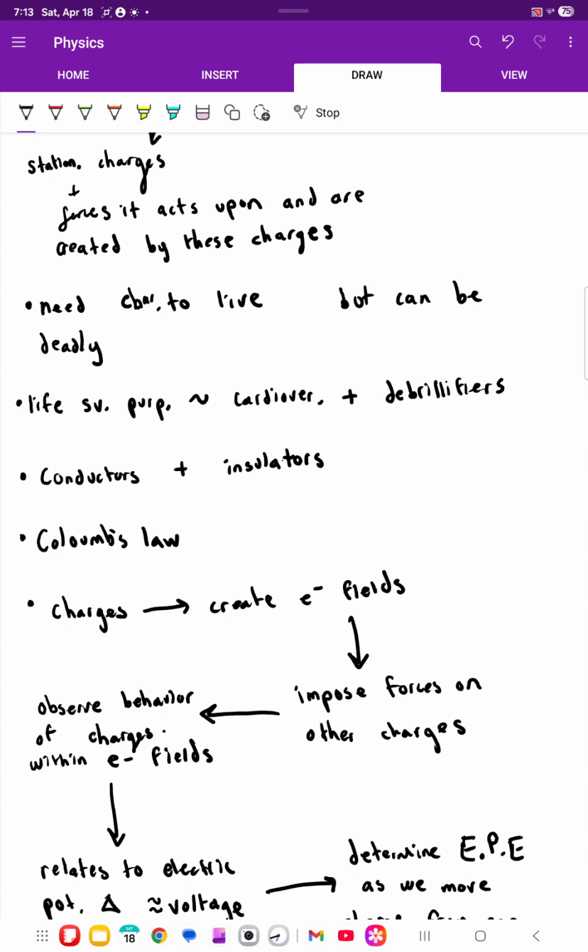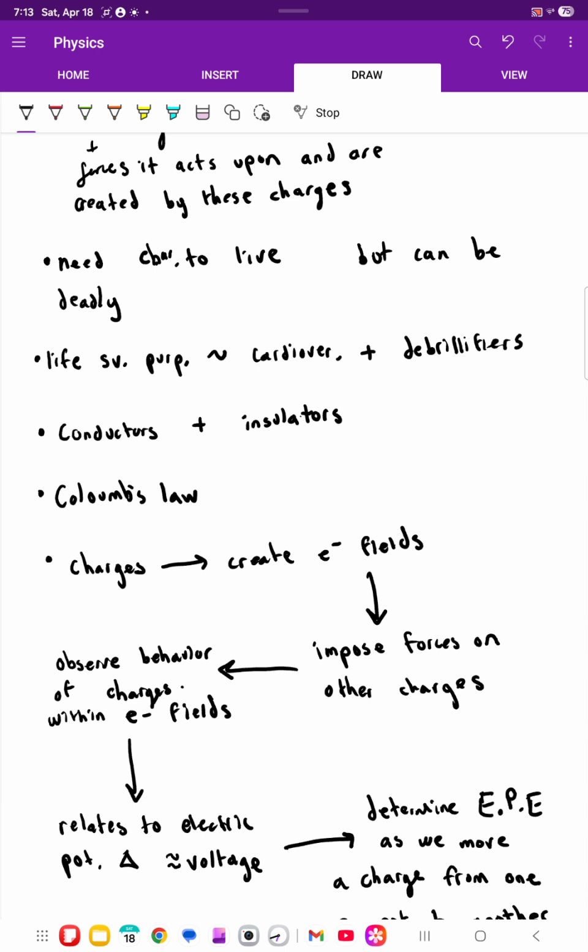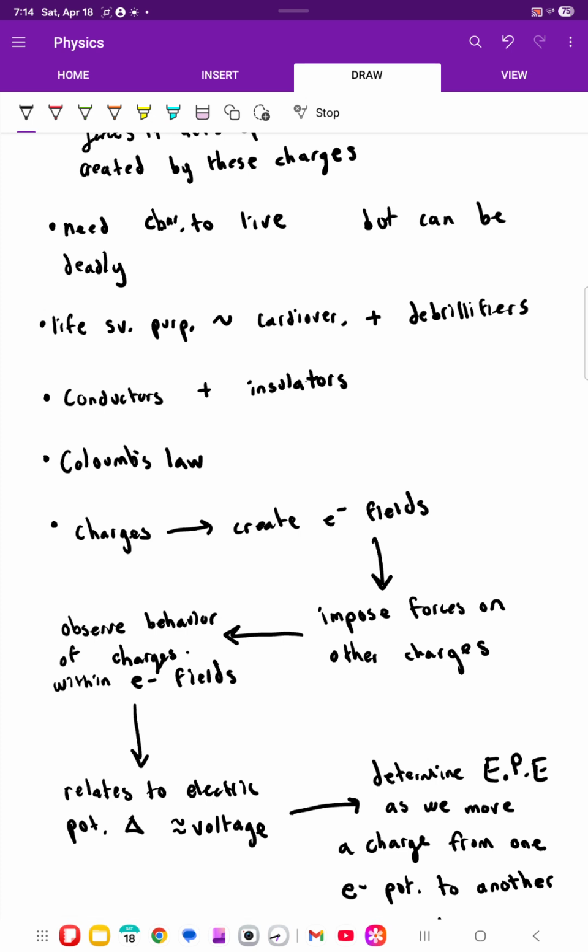They can serve life-saving purposes, but can be deadly, as we learned. And then we could learn about conductors and insulators, the difference between the two.